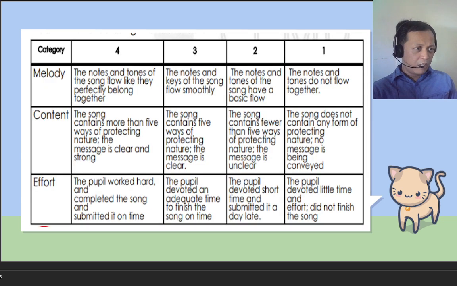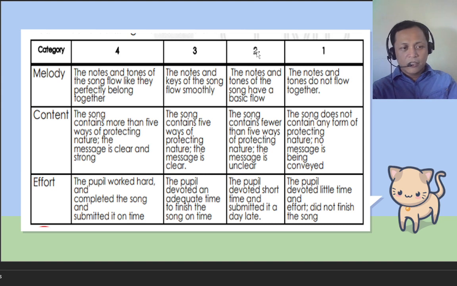And you will be graded according to this criteria. In terms of melody, you will get the score of 4 if the notes and tones of the song flow like they perfectly belong together. And you will have the score of 3 if the notes and keys of the song flow smoothly.